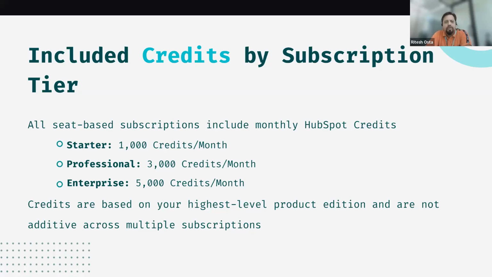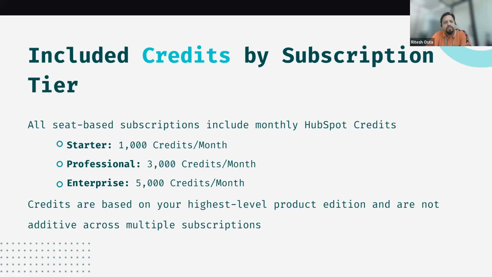I'm going to show you in my HubSpot as well. I have a professional Sales Hub package, so I get 3,000 credits per month for free. I'll show you around so that you get an idea of how these things look. Credits are based on your highest level product edition and are not additive across multiple subscriptions.